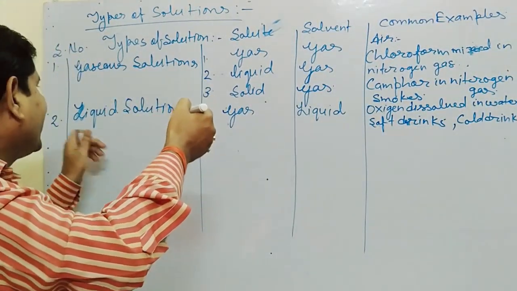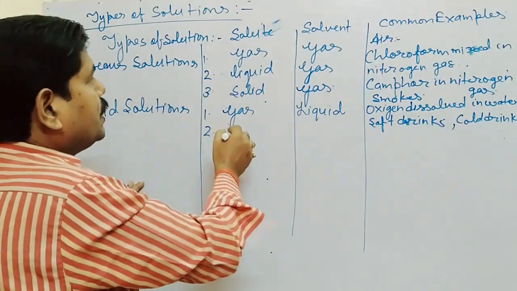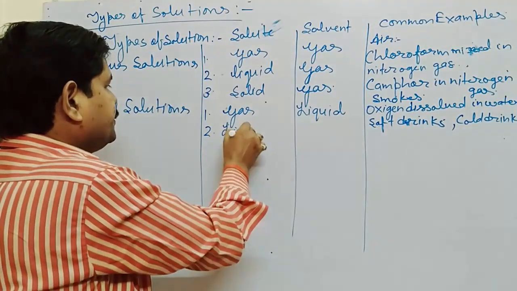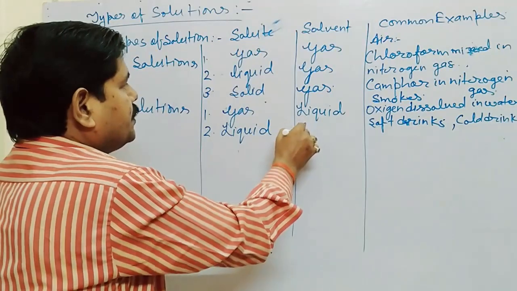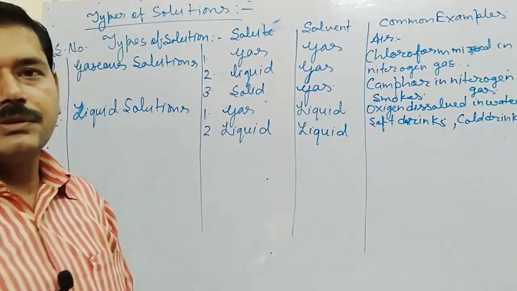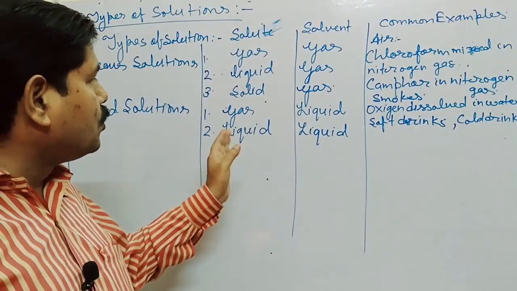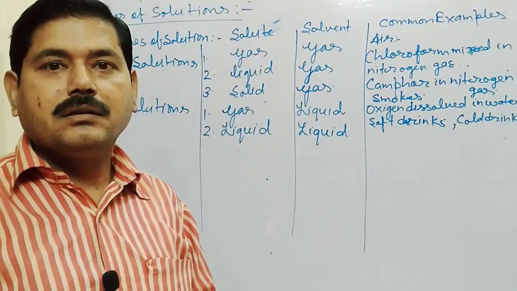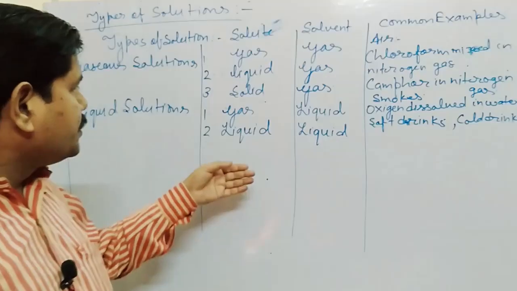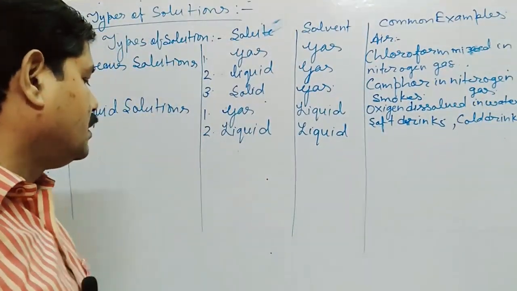The next type of the liquid solutions is liquid in liquid. In this type of solution, both solute and solvent are in liquid state. This type of solutions has many examples.